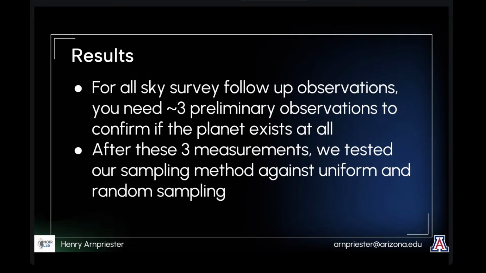After these 3 preliminary observations, we can then test our maximum entropy sampling method against uniform sampling and random sampling. Uniform sampling is, as it sounds, you take an observation with a cadence of once every week, and random sampling is you pull your separation of samples from a distribution between 3 and 10 days.